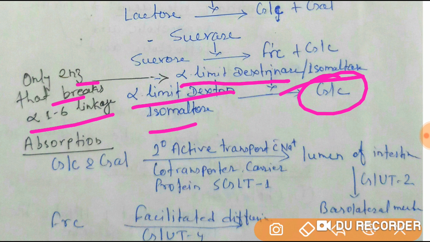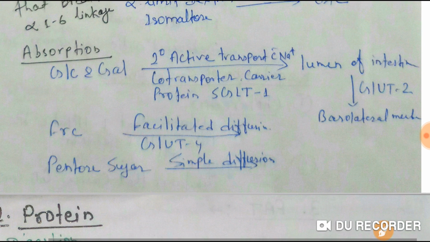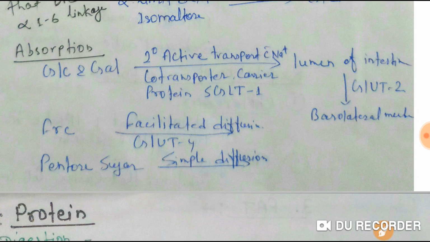So you have to remember that alpha-limit dextrinase and isomaltase have the property to break the alpha-1,6 linkage. And what will be the absorption?